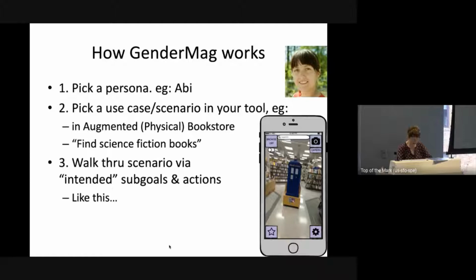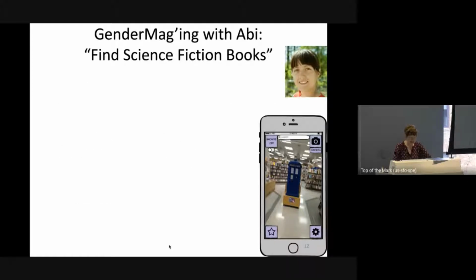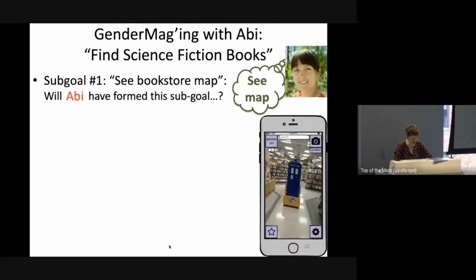So you walk through that scenario with the sub-goals and actions the developer of the tool wishes Abby would take, like this. You turn to the developers and you say, what do you wish Abby wanted to do if she's seeing that screen? And they say, we hope that Abby wants to see a bookstore map.